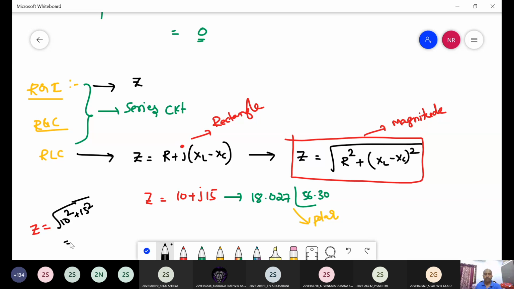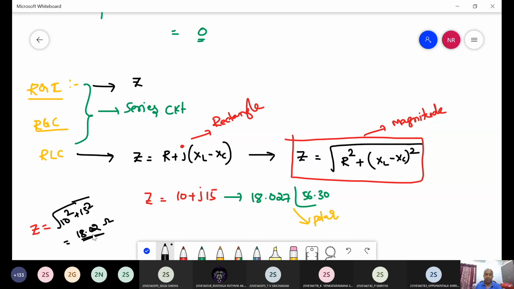Do it now. 10 square plus 15 square. 18.02. 18.02, sir. So here we will get only magnitude.